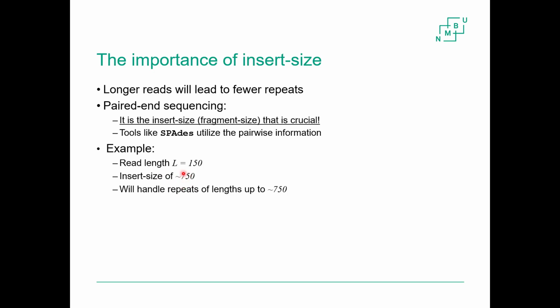But you know they are from the same part of the genome, right? And using this information intelligently, we can actually handle repeats up to the size of the insert size. Even if the reads are much shorter, because we know they are sort of linked together, we can actually resolve these long repeats.